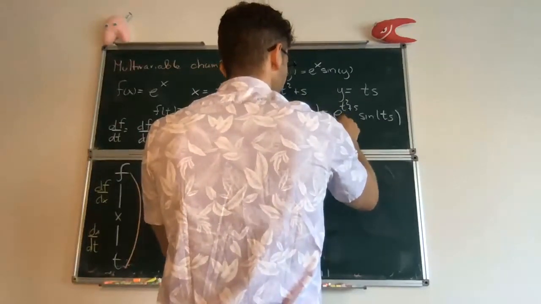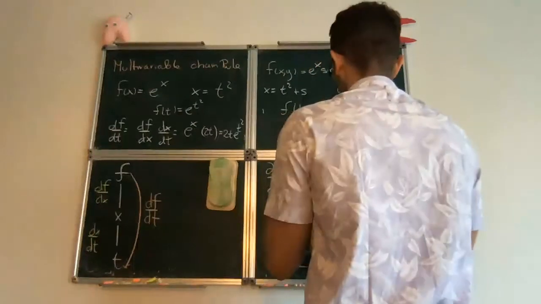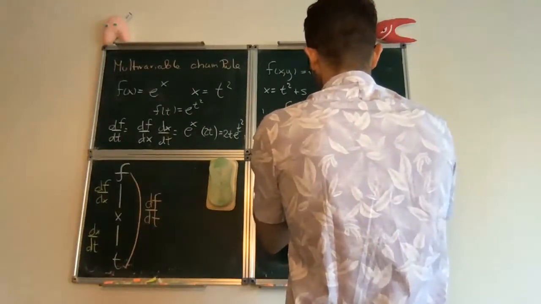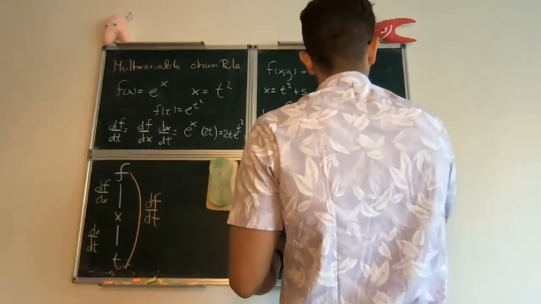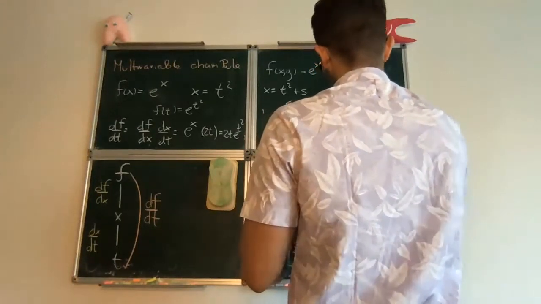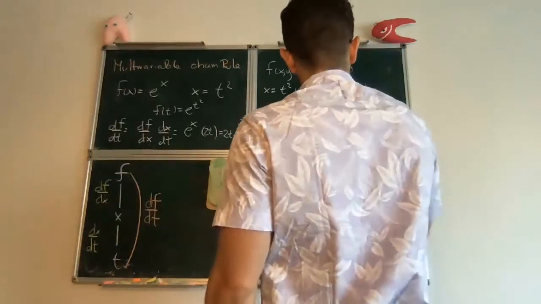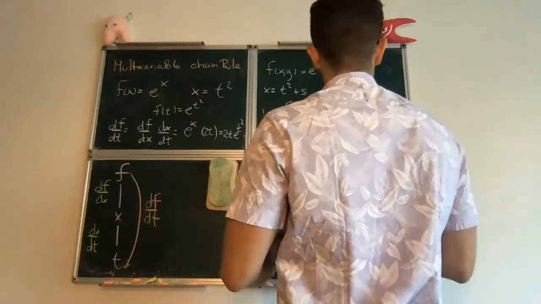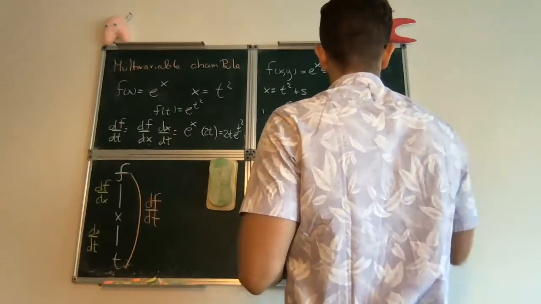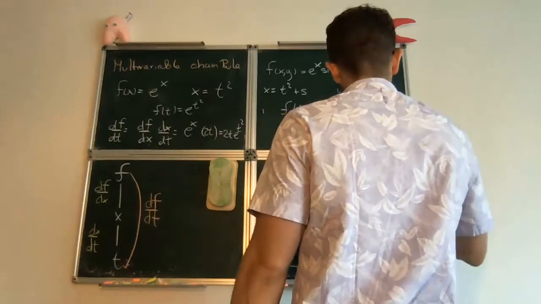So it is the derivative of this one, and then by the chain rule, you have to multiply by the derivative of this with respect to t, which is 2t, times the second one, plus this one without differentiating, times the derivative of the second one, which is cosine of ts times s.